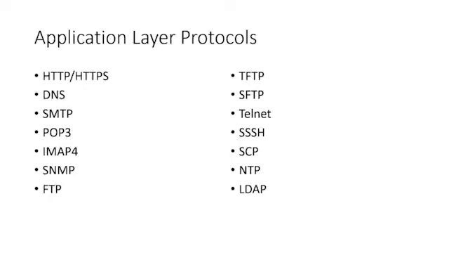SMTP, that is our mail, right? Simple Mail Transport Protocol, port 25. That's how information is sent from server to server or sent to you at the end. POP3, that's our post office boxes that we have, right? A little older technology, but it's still for our email, just like IMAP and IMAP 4 being the newest one out right now, right? So that is for our email delivery as well.